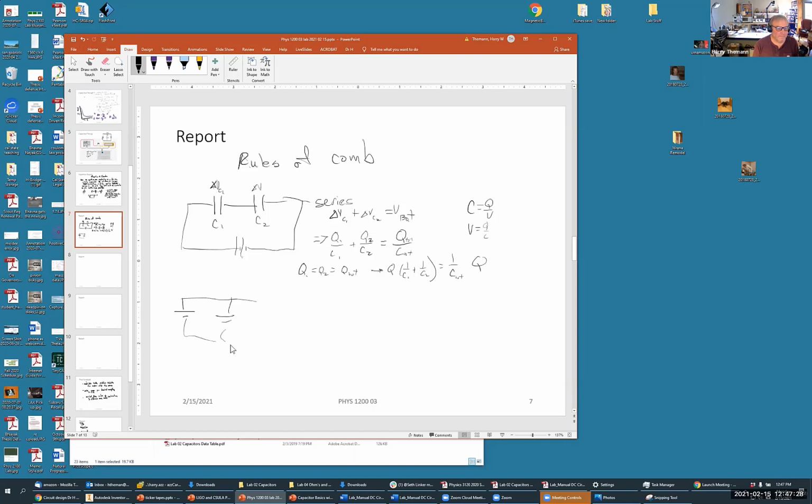And then we have parallel. Excuse me, the parallel is then, what was it? It was, oh yeah, I C1 plus I C2 has to equal I total. I'm not going to write every blessed thing out here. Oh, wait a minute. Sorry. There is no I's in capacitors. I'm thinking of resistors.